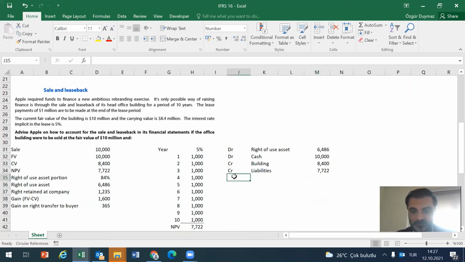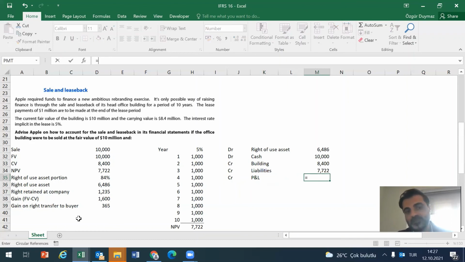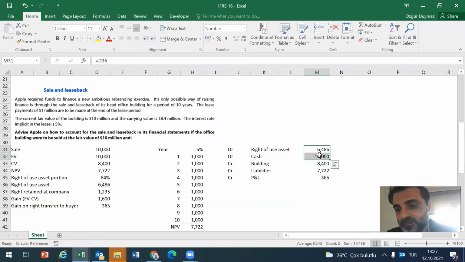And credit, again, P&L or gain, which is gain on right transferred to buyer. Total amount is almost 15.5 million, and so the plus cash is 16.5 million. Okay, thank you, friends.